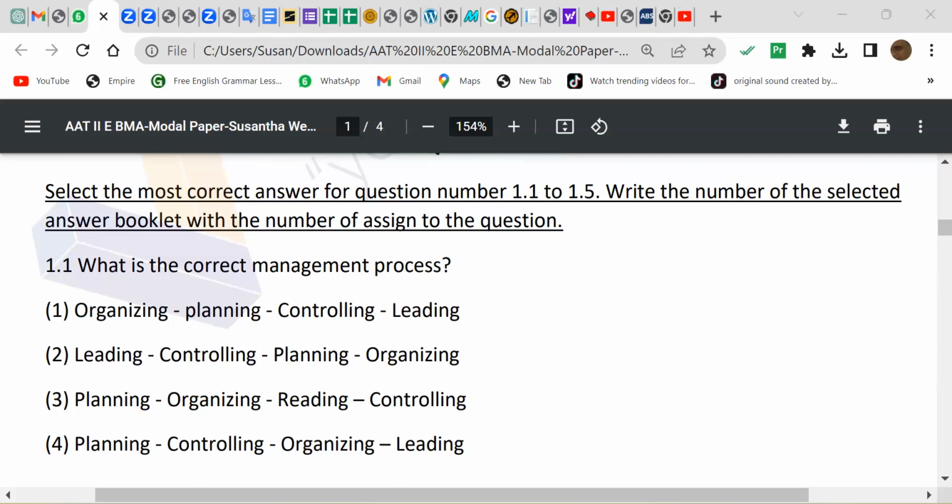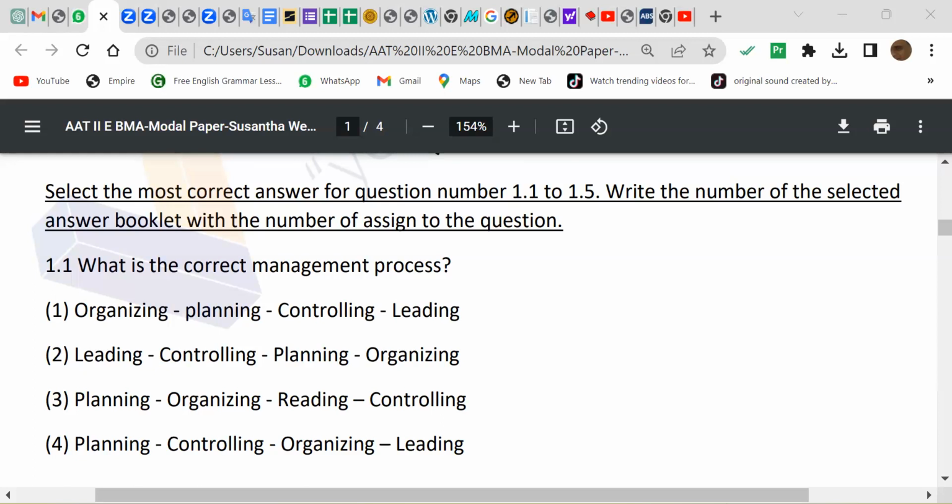Right, we'll go through the first question. What is the correct sequence of the management process? Normally we know there are 4 steps of management. The management process starts from planning, organizing, leading, and controlling.